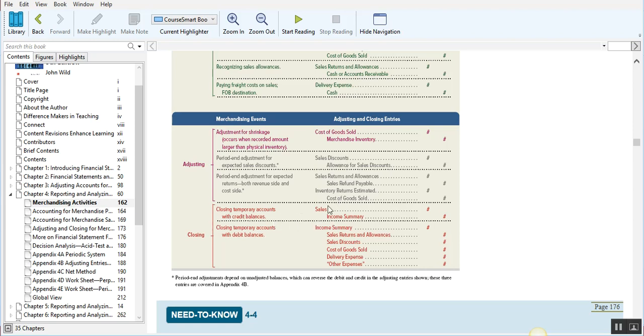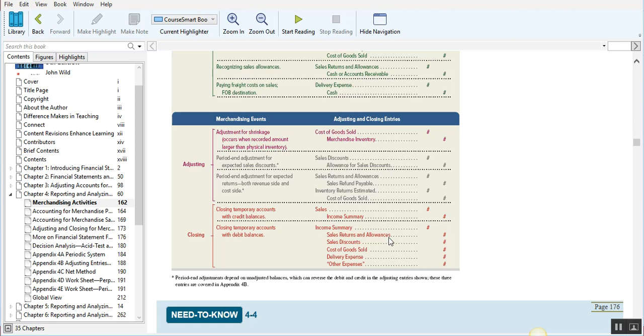And then the closing. Once we do the adjusting entries here, then we'll close these accounts like this. We'll start with the credits: debit sales to close it, credit income summary, because that's where the income is now. Then we'll debit income summary for expenses or debits, and then we'll go down the list of those that we need to put in with income summary.